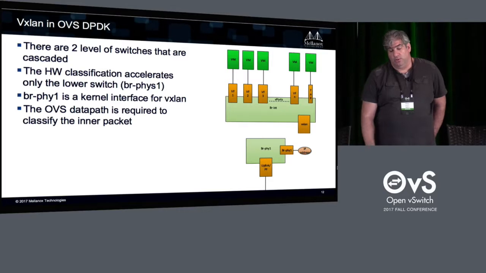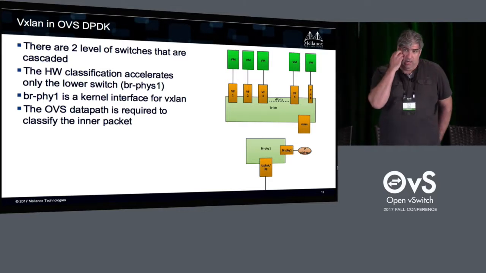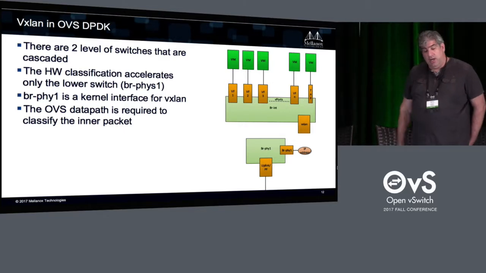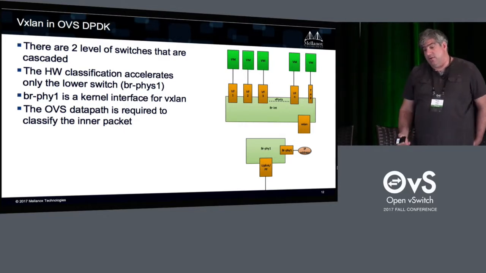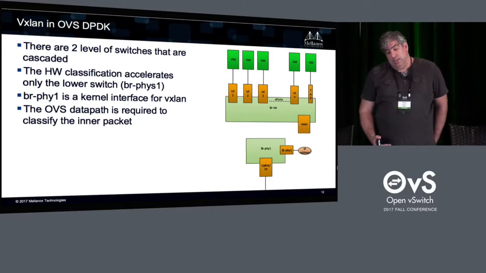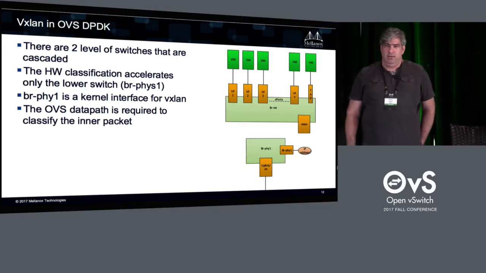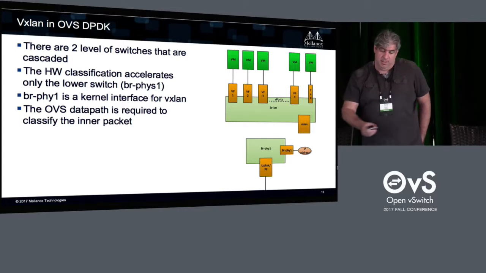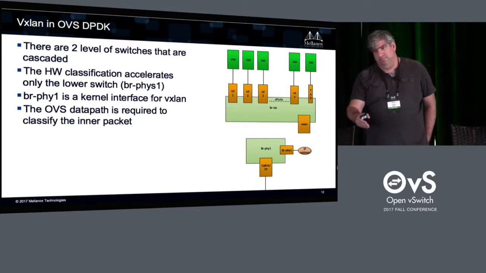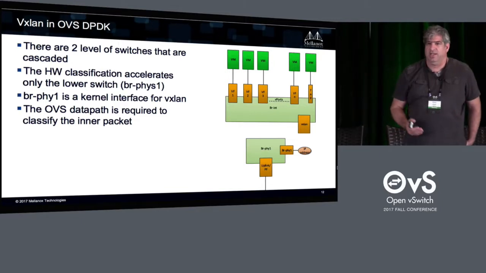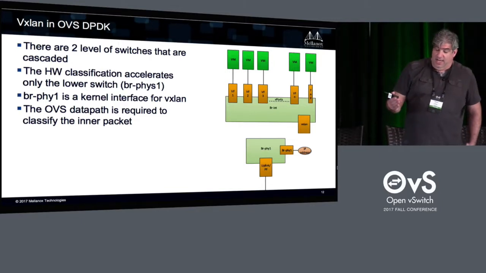I also had a talk in the OVS DPDK session 2 days ago regarding how to accelerate VXLAN. VXLAN in OVS is done in 2 levels. You have the lower switch, br-phys, that's usually used in OpenStack, and then it goes to the VXLAN port.